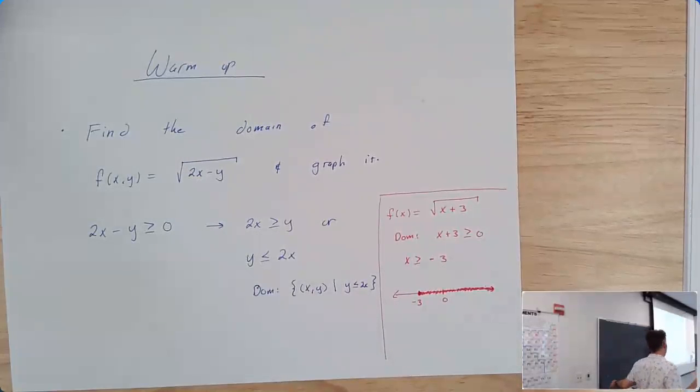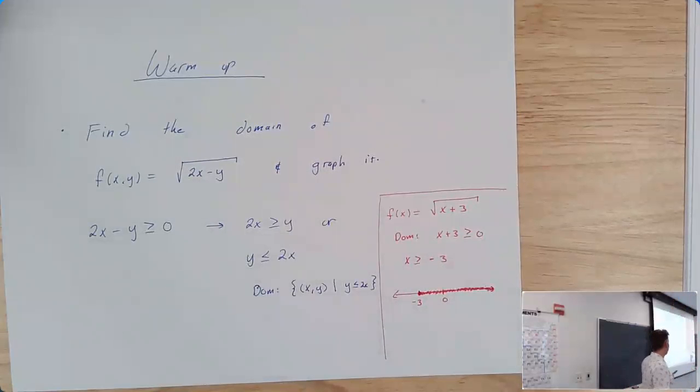So some options might be the entire real plane, or everything inside the circle or outside the circle, or everything inside the circle including the circle, or everything above a line and below a line. There are lots of options they're usually giving you when you have to answer this kind of domain question. So here, we're just going to graph it.